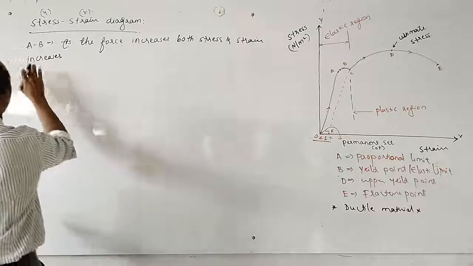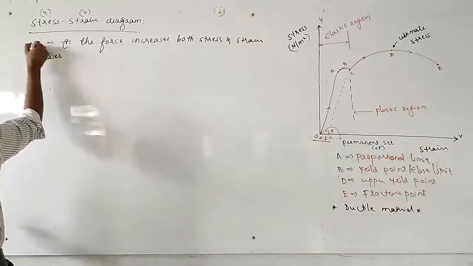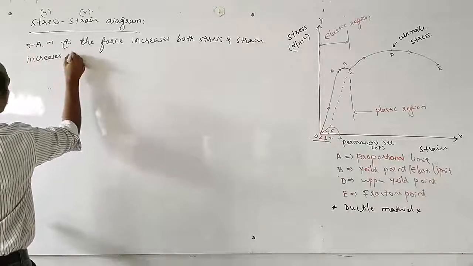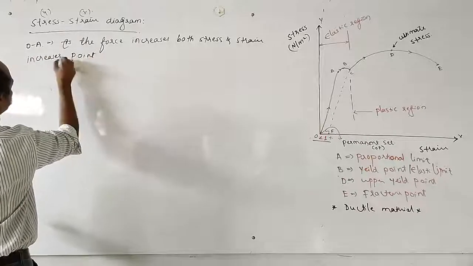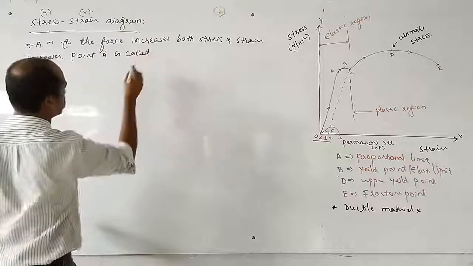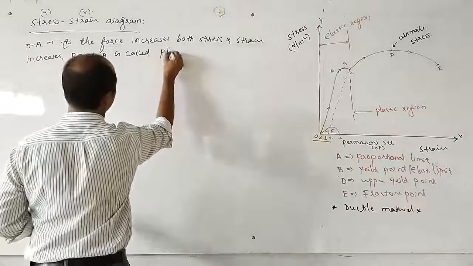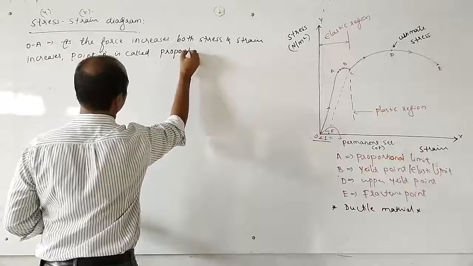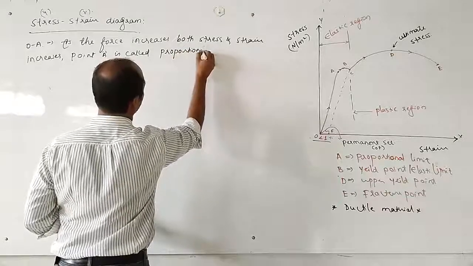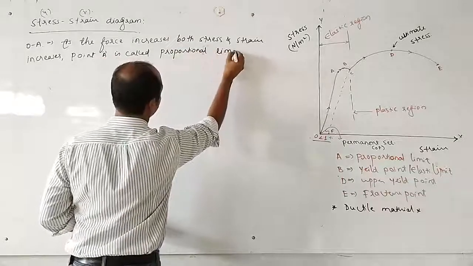It is not O, it is OA. And point A is called the proportionality limit. Proportional limit, right?